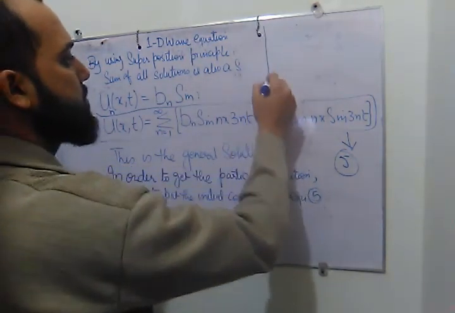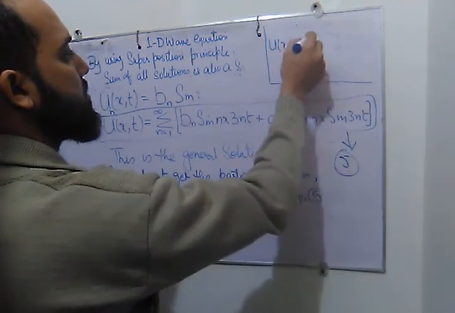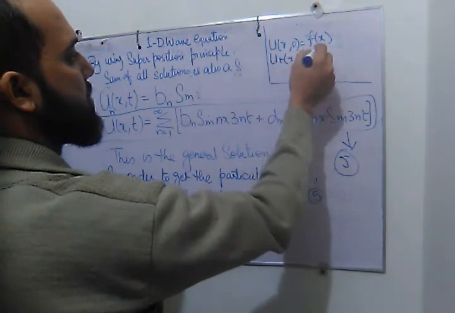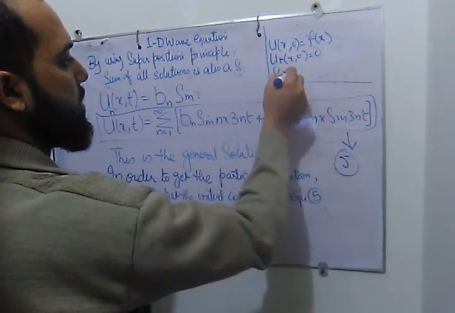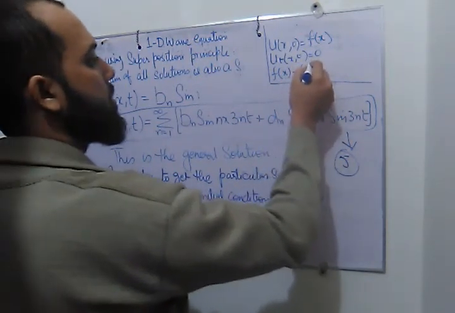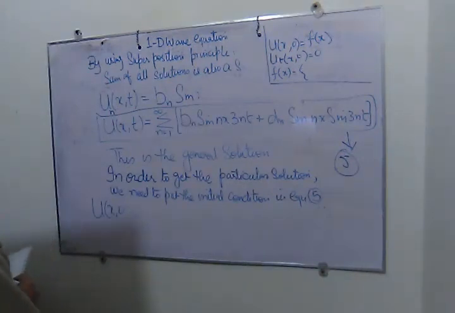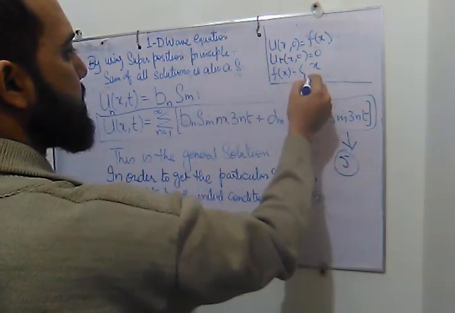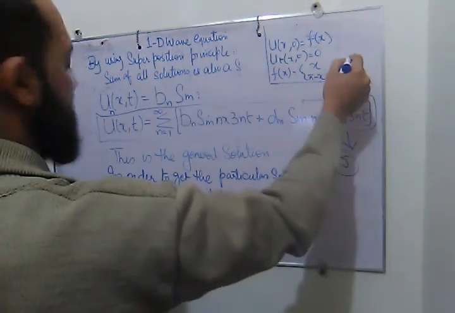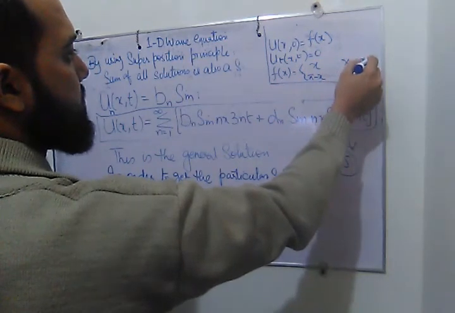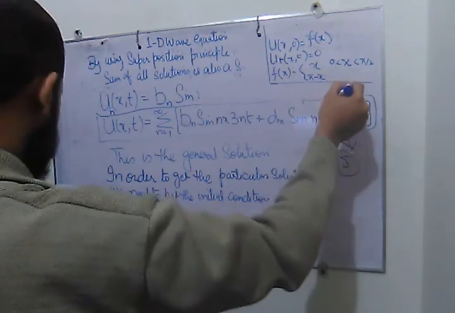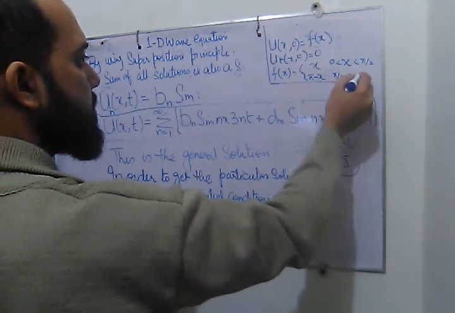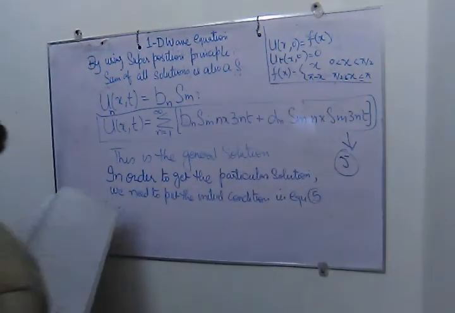It was a piecewise function, so u(x, 0) is equal to f(x), and the second initial condition was ut(x, 0) is equal to 0, and f(x) here is x for the range 0 to pi by 2, and from pi by 2 to pi, f(x) is pi minus x.